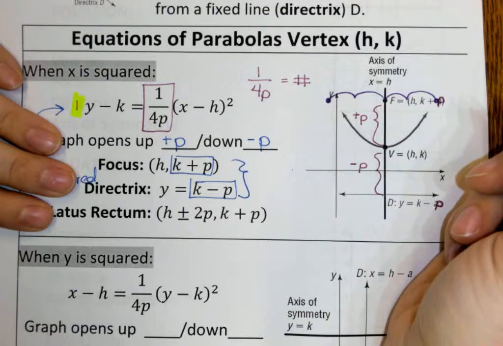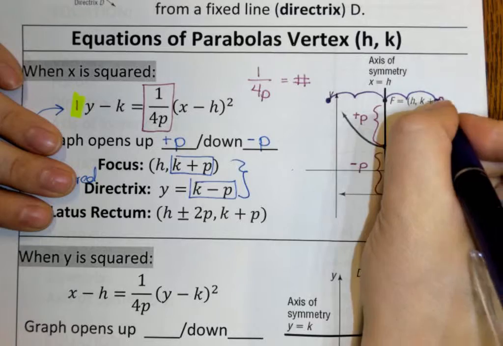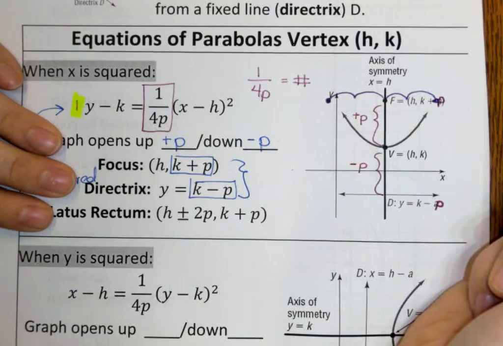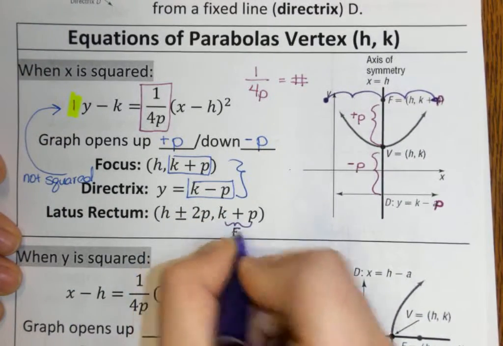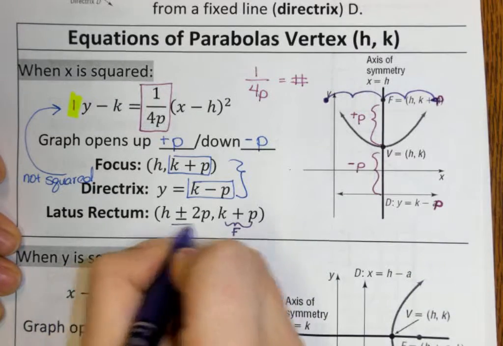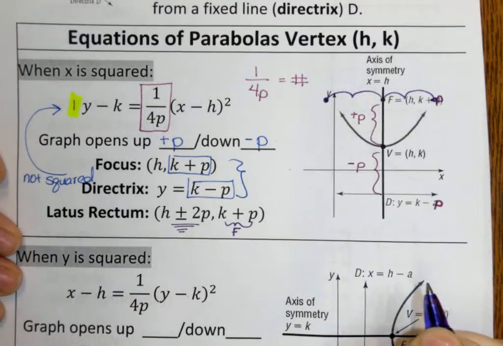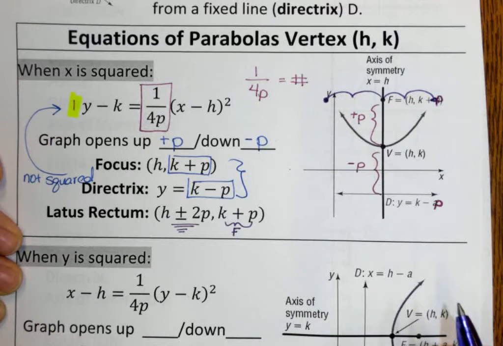That tells me two points that, no matter what, are going to be on my parabola. So they're saying go out to your focus and add and subtract 2p from the other coordinate. And yes, this is one of those things where it's like, what? But when we start doing it, it'll be a little bit easier than when we try to explain it.